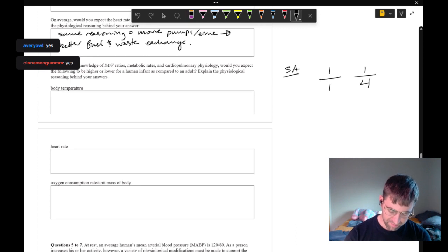That's supposed to be volume. The reason I'm setting it up this way is because the question kind of gives us our answer in many ways. This is a quantitative way of explaining this thing that we observe, which is babies lose body heat a lot faster than fully grown adults do.